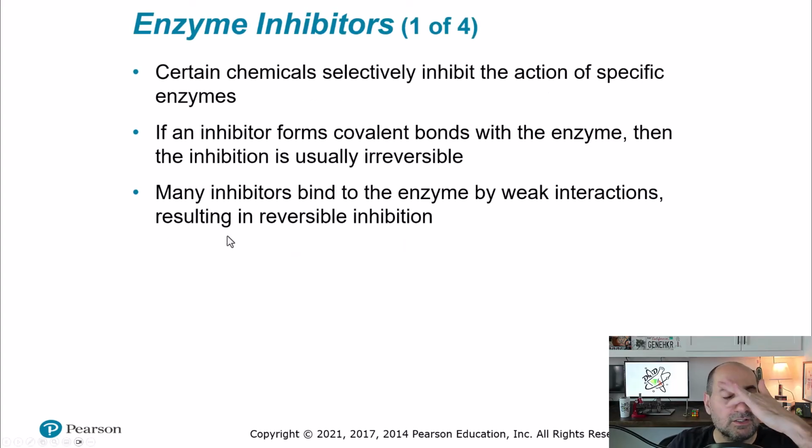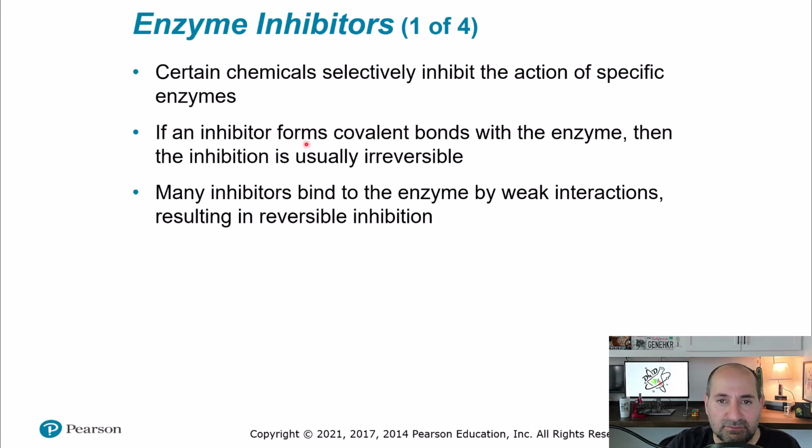Now, just like cofactors help enzymes function, inhibitors hinder or inhibit protein function and enzyme function. So what is an inhibitor? An inhibitor is a chemical that selectively inhibits the action of specific enzymes or proteins.